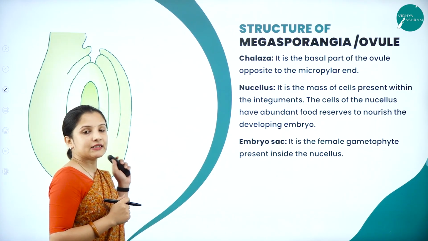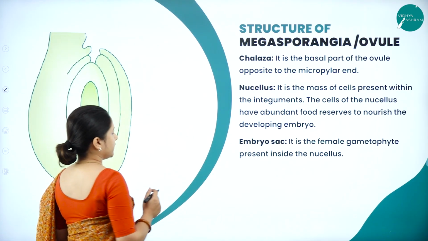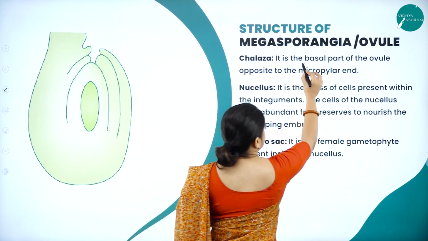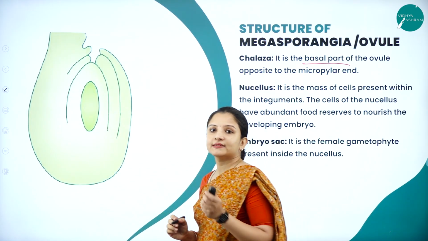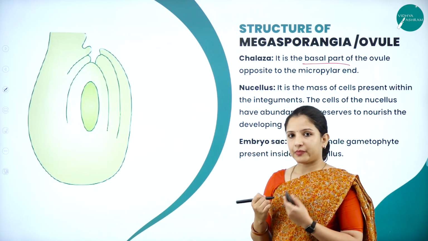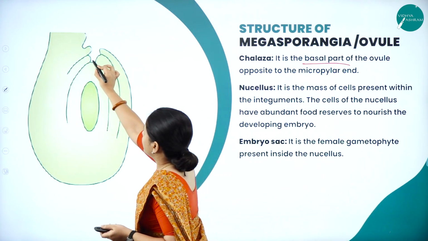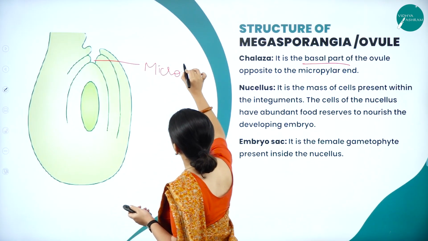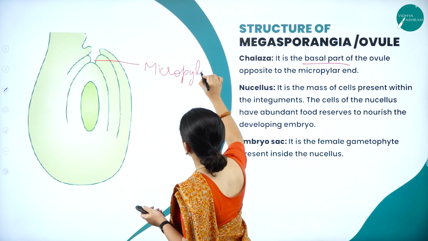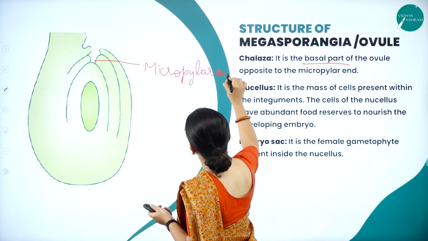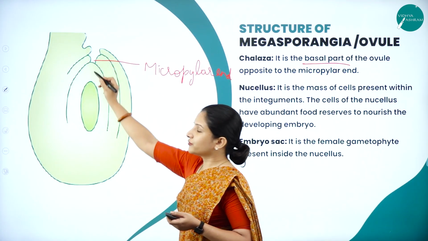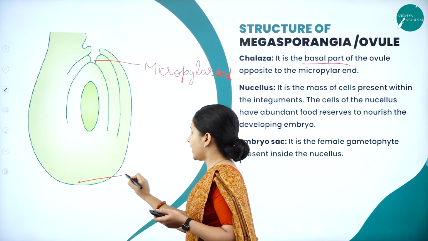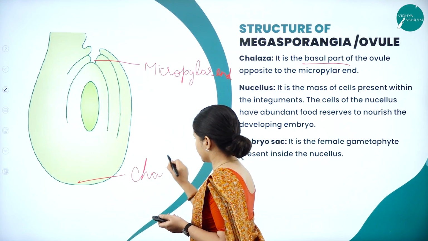So chalaza is the basal part of the ovule, and it is present opposite to the micropylar end. So you have the micropylar end here, and opposite to the micropylar end, you have the chalazal end.